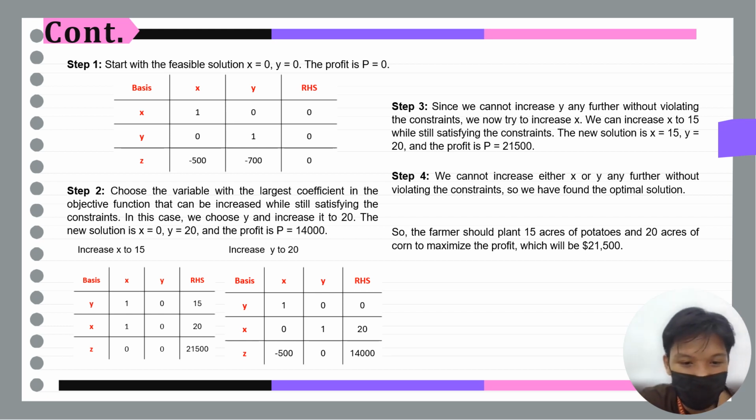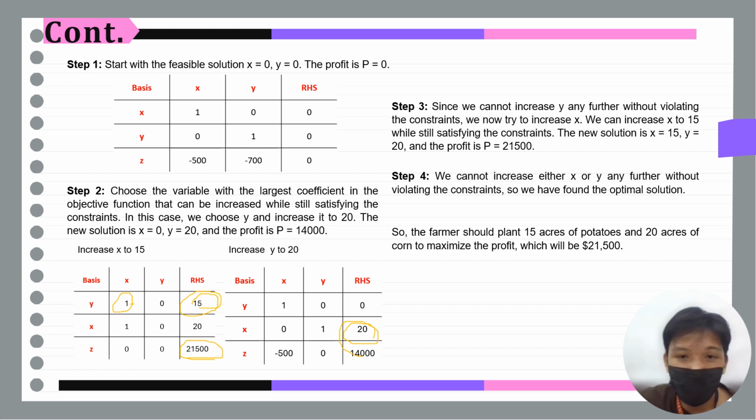So as we increase x to 15, as you can see here, which is equal to 21,500. And as we increase y to 20 here, which is equal to 14,000.